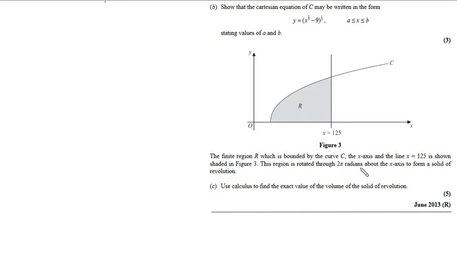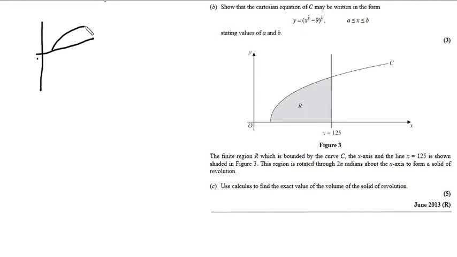Okay, so 2 pi radians is the same thing as 360 degrees. And so what's happening here is, if this is the y-axis and this is the x-axis, we have this function that kind of looks like this.